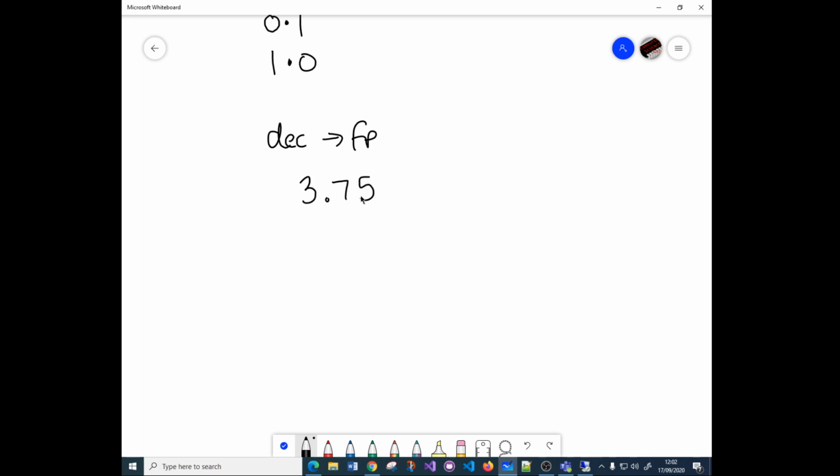And then we need to decide what format. So let's go 5 mantissa bits, and 3 exponent bits. So we're using 8 bits, and we're deciding how we pack it. Right, so our first job is we look at the number and we say, is it positive or negative?